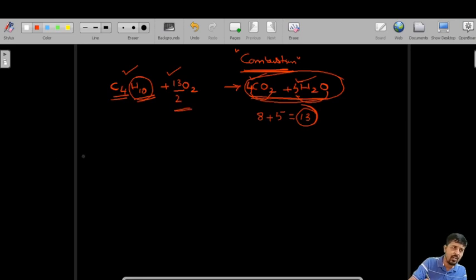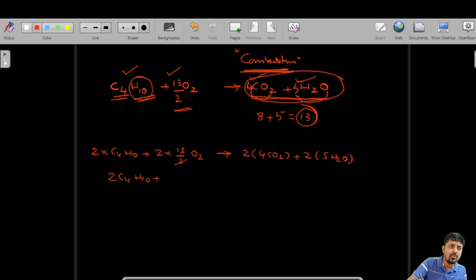2. Now tell me. 2 times C4H10 plus 2 times 13 by 2 O2 gives rise to 2 times 4CO2 plus 2 times 5H2O. Now tell me. 2C4H10 plus the 2s will be cancelled.